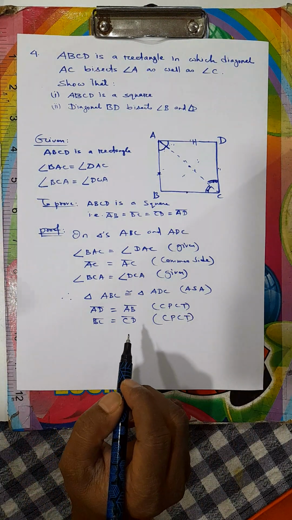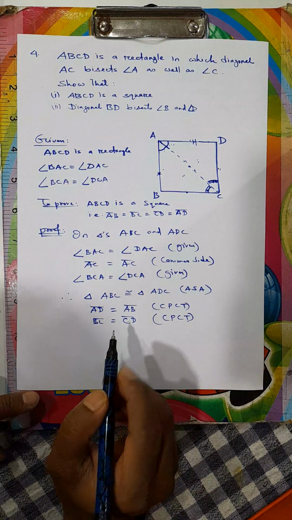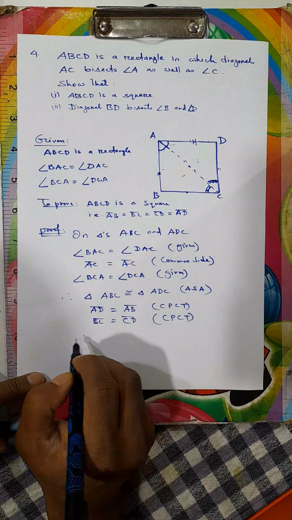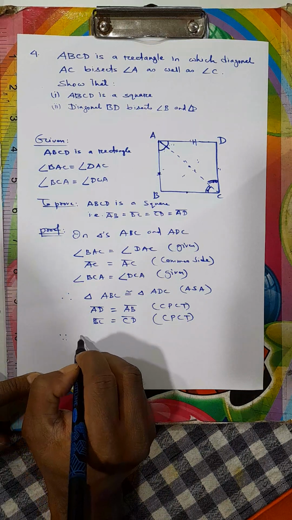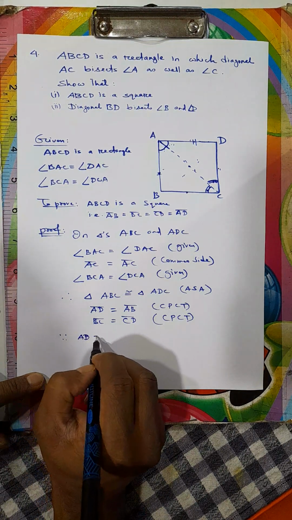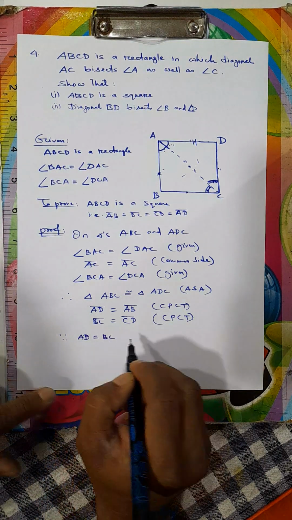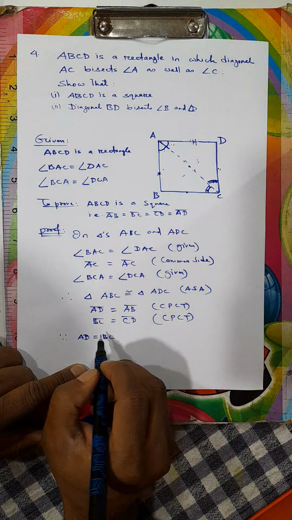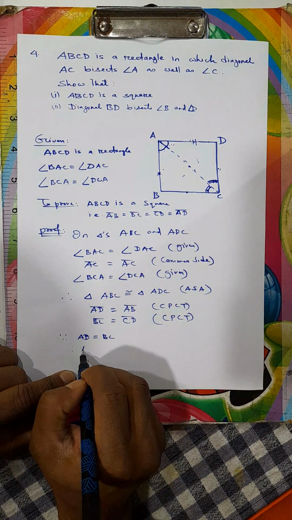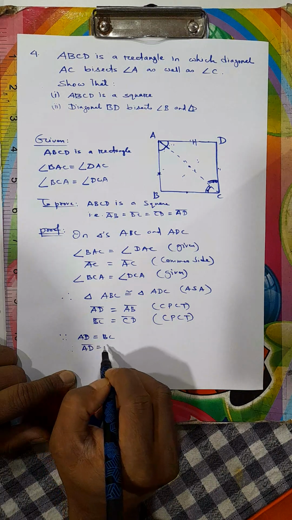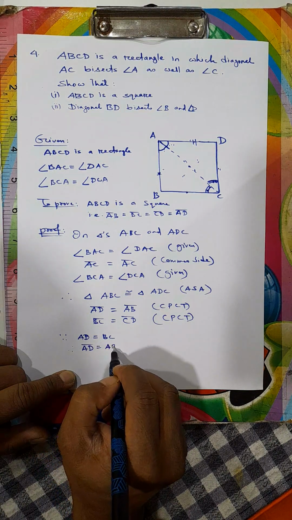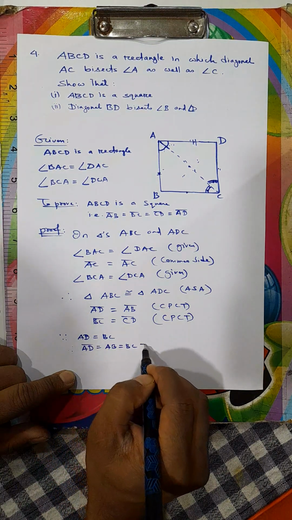Now, since it is a rectangle, that means it is a parallelogram. Opposite sides are equal. Since AD equal to BC, right? Therefore, AD equal to AB equal to BC equal to CD.